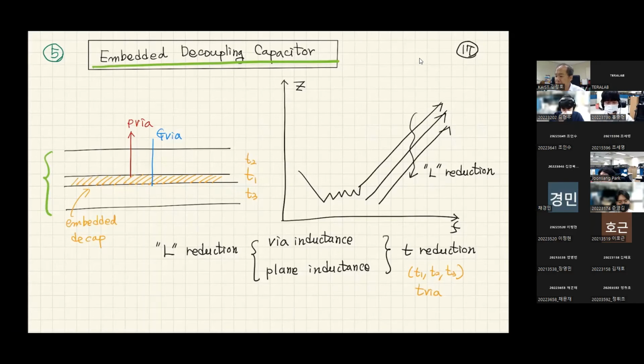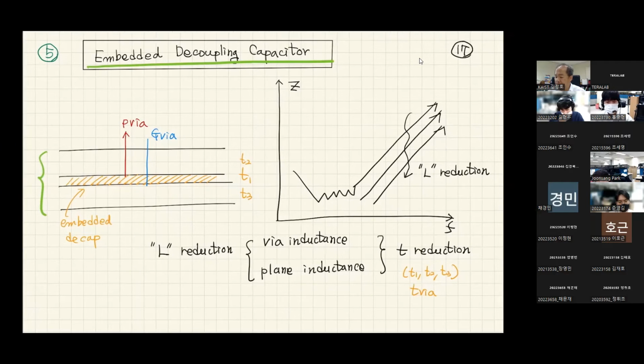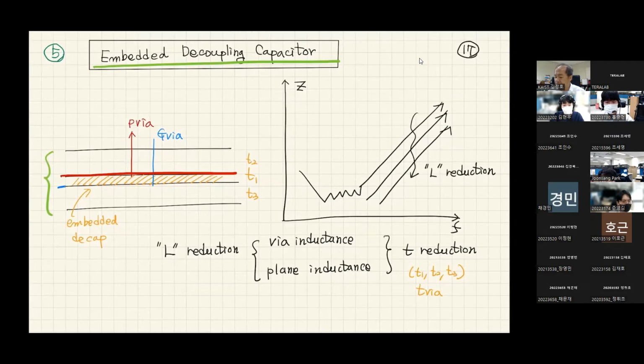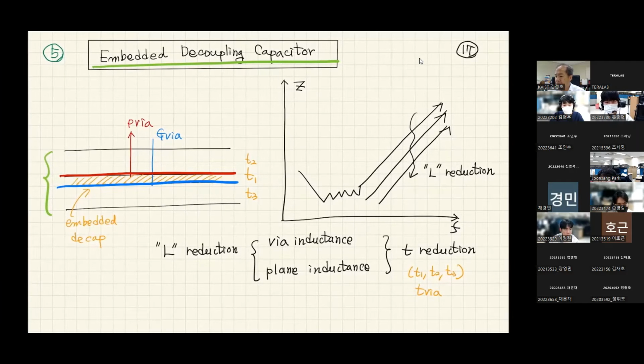Usually they have a power plane and they have a ground plane. The embedded capacitance is putting the decoupling capacitors between them. And in this case, the dielectric constant should be very high, the thickness of this material should be very small, and the area should be very large.